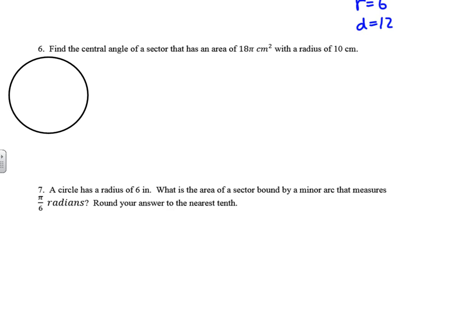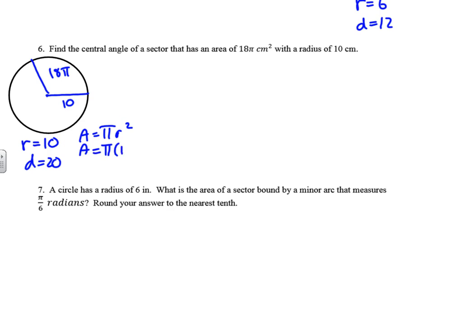Okay, so we've got a circle, and the radius of this circle is 10, and we've got some sector that is 18 pi. That's the area of the sector. So if the radius is 10, the diameter is 20, area is pi times the radius squared, so pi times 10 squared. The area for the circle would be 100 pi.